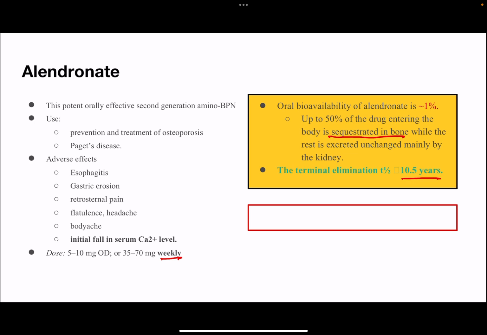It has to be stopped after 5 years because there is no extended benefit after 5 years, and since it is sequestered in the bony tissue, the alendronate effect will remain for 10 years. There needs to be dose reduction of alendronate in renally impaired individuals.